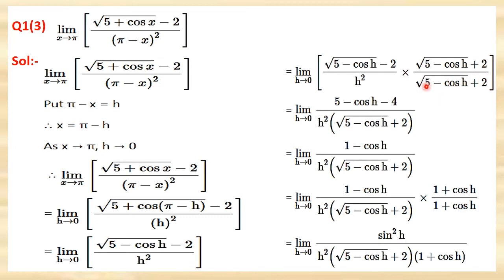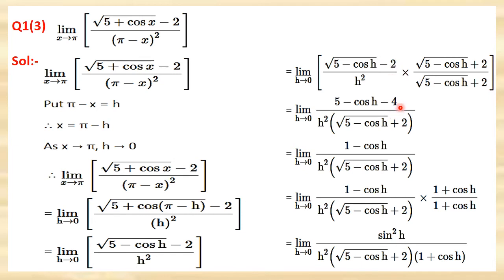The numerator is of the form a minus b into a plus b, so it is a square minus b square. The square root gets cancelled, and only the inner part, 5 minus cos h, remains.